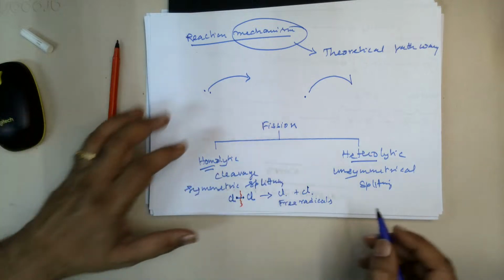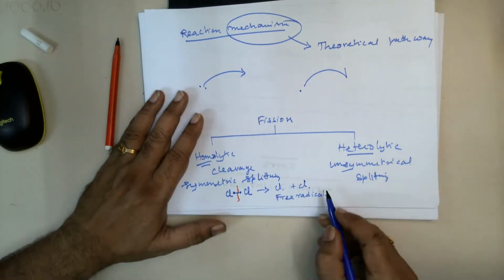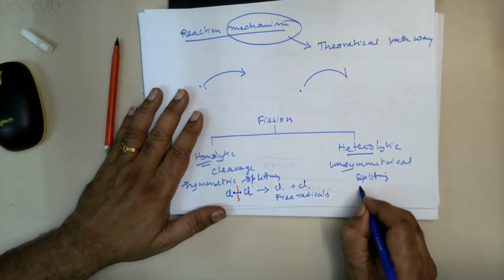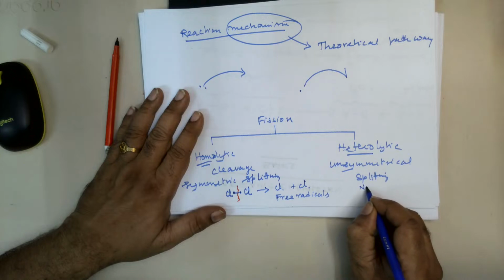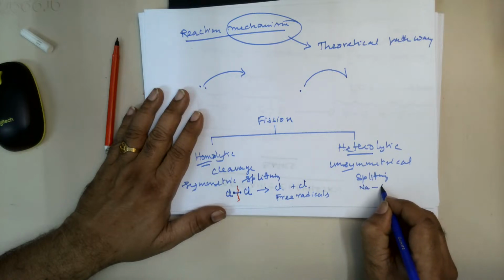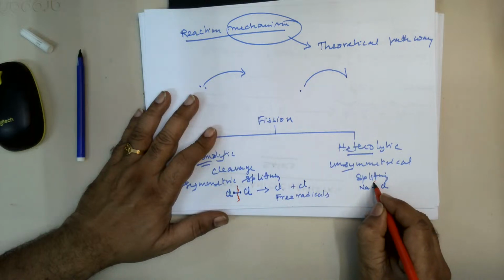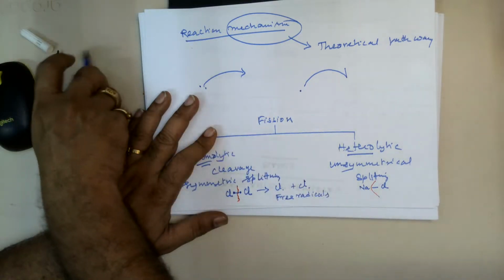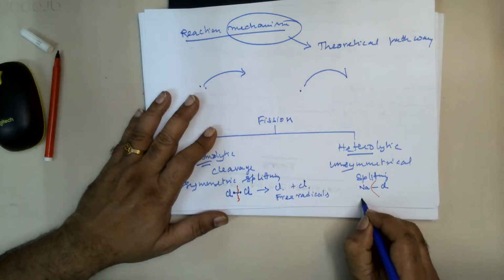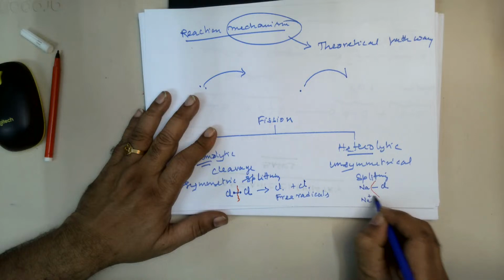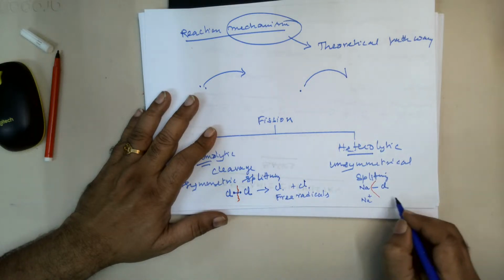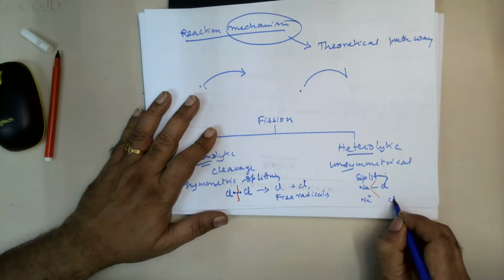And in the case of NaCl, let me say, there arises the heterolytic cleavage. So here, an uneven, unsymmetric cleavage results in Na plus. One element loses an electron, another element gains an electron.